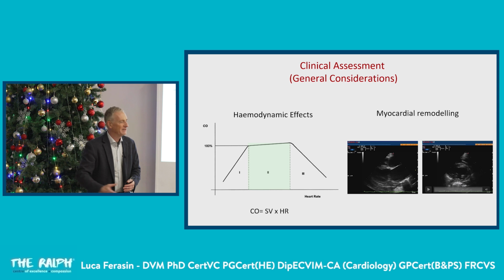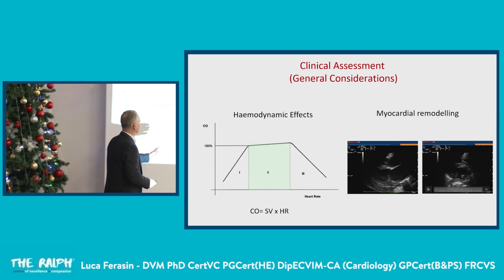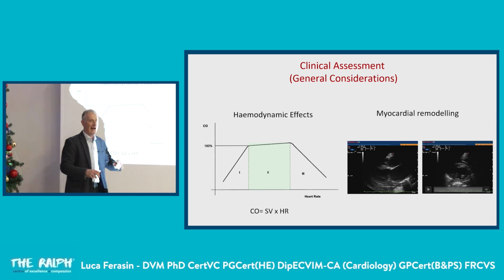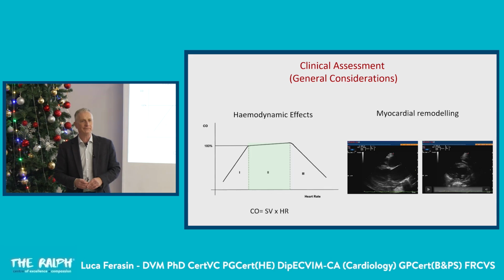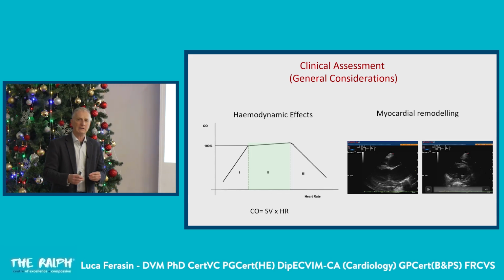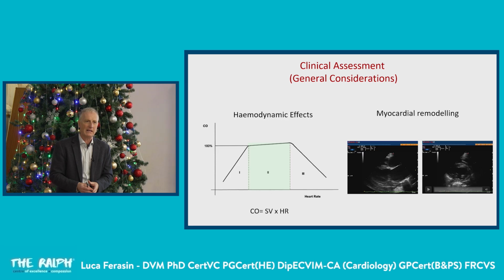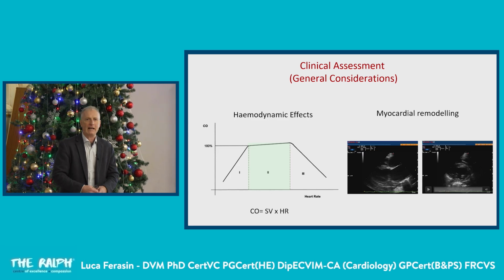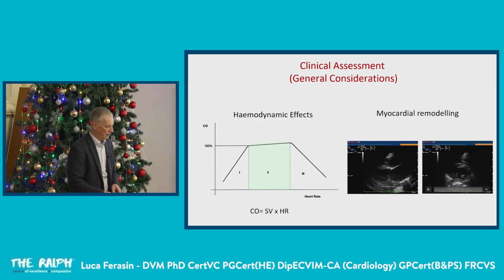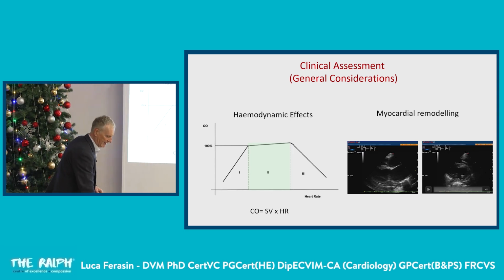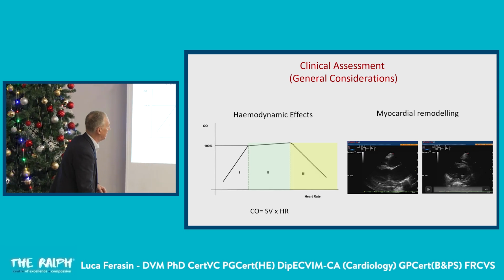That is true up to this point, which is the end of the physiological range, where the heart is beating too fast, the ventricles don't even have time to fill with blood, and therefore the cardiac output drops quite dramatically. So too fast is not good, okay? That is a cause of reduced cardiac output.